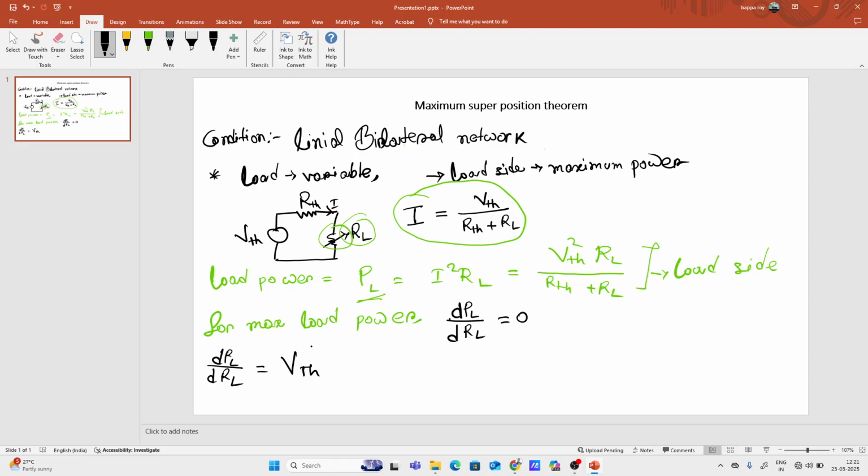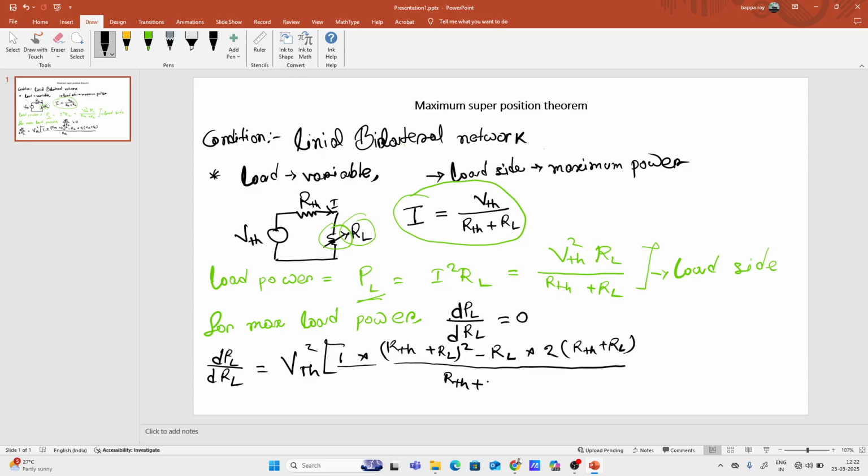VTH square times (RTH plus RL) square, minus RL into 2 (RTH plus RL), divided by (RTH plus RL) to the power 4.